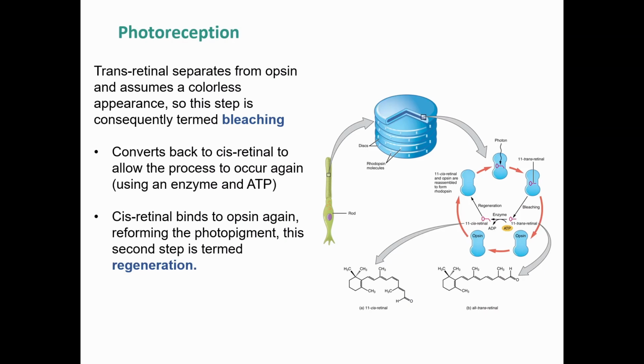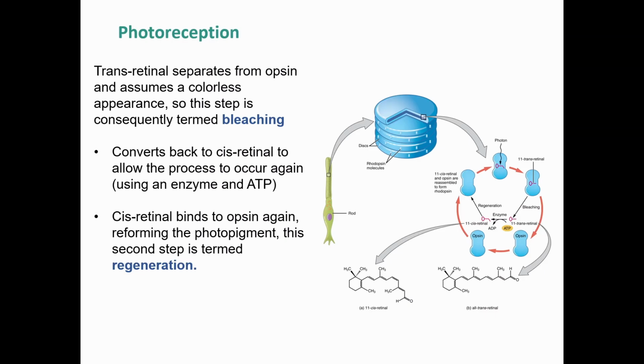Retinol getting bent. When it gets bent, it leaves the opsin. To put the retinol back in the opsin, we have to use an enzyme and ATP to go back to normal and bind with opsin again. We reform the photopigment, we've regenerated, now we can be used again, right?